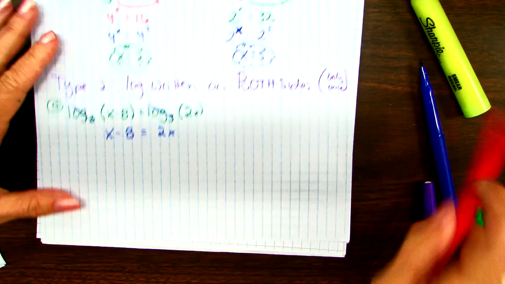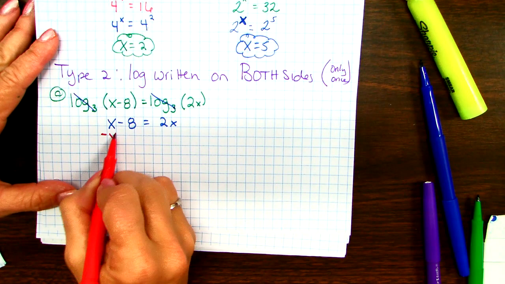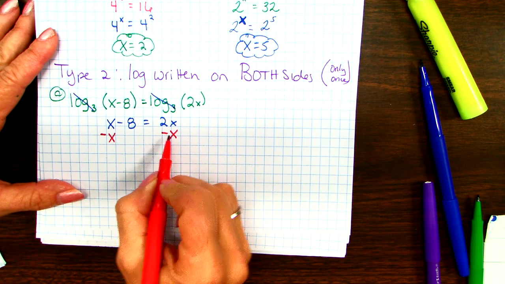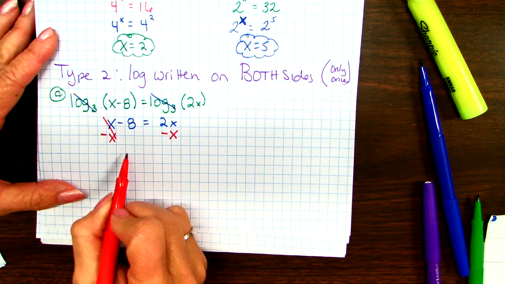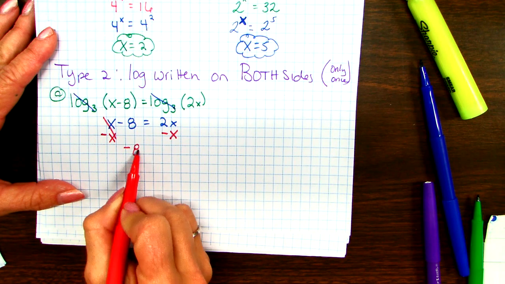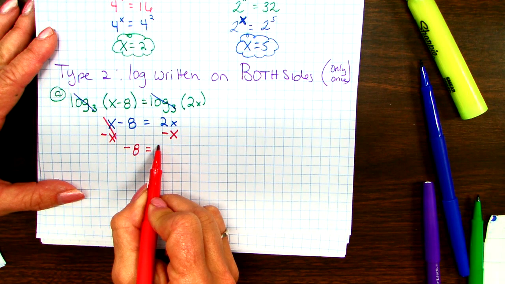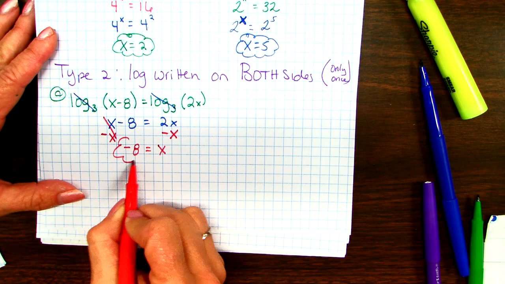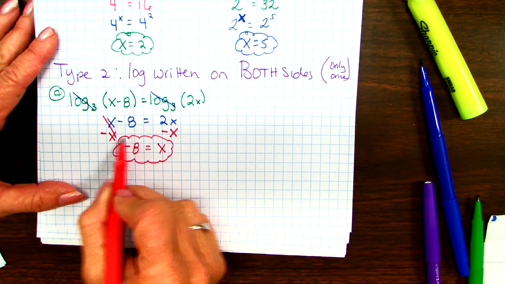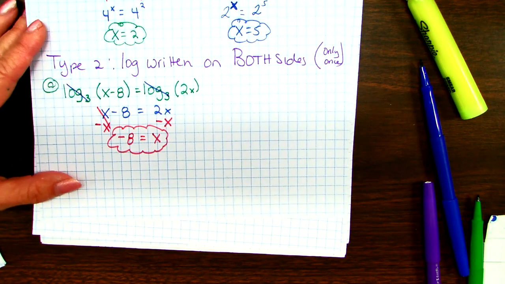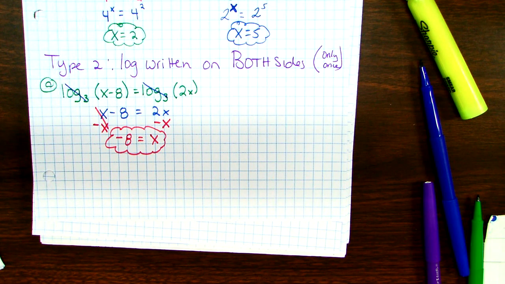We need to get them together. So I'm going to subtract x from both sides. That leaves me with negative 8 equals x, because 2x minus 1x is 1x, or just x. Right?